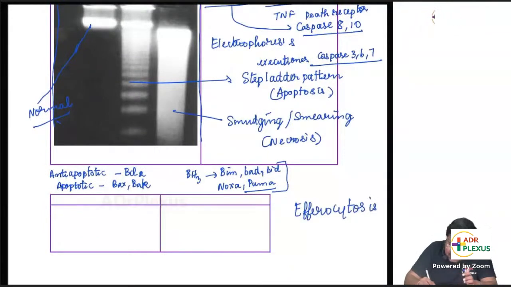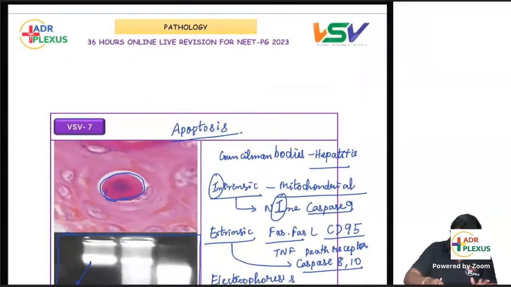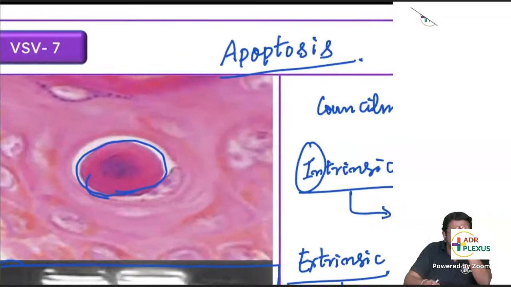Efferocytosis is nothing but the process of engulfment of the apoptotic bodies by the macrophages, that is phagocytosis of the apoptotic bodies. So apoptotic cells, how will they look? The cell size will be shrunken.